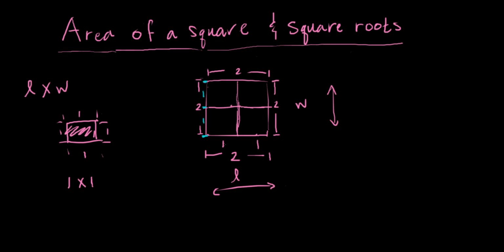So notice I made a bunch of 1 by 1 squares. This square right here, just like all the others around it, is now a 1 by 1 square. How many of them are inside the 2 by 2 square? Well, there's 1, 2, 3, 4. So I can say that this 2 by 2 square has an area of 4.